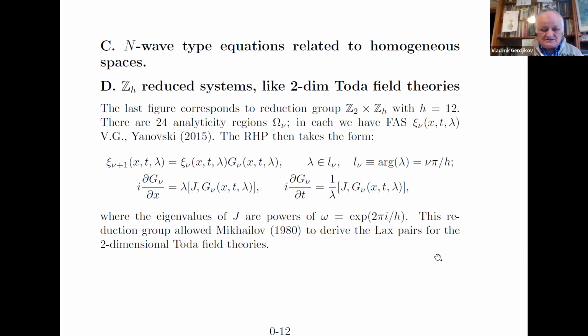Actually, this result, in fact, was obtained by Mikhailov back in 1980 when he discovered his reduction group, and when he demonstrated it for the two-dimensional Toda field theories.